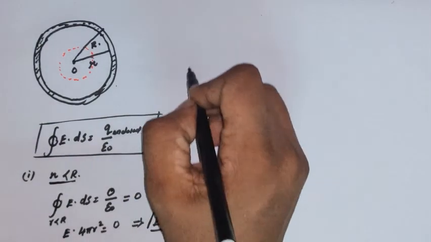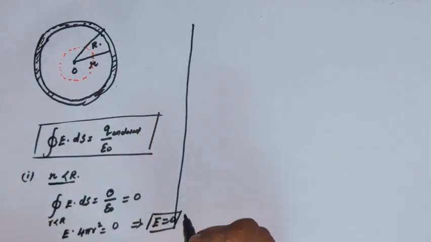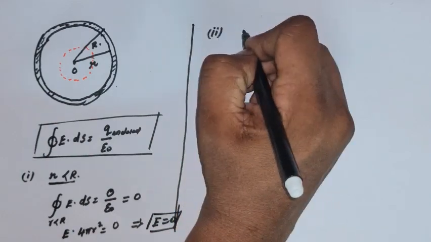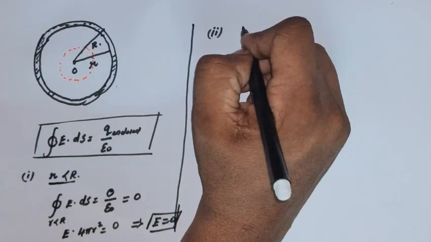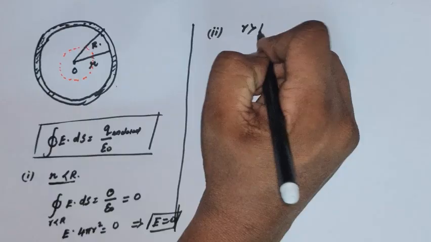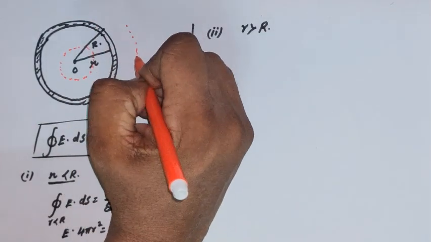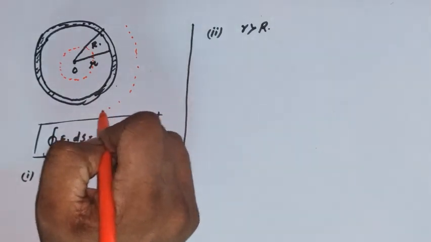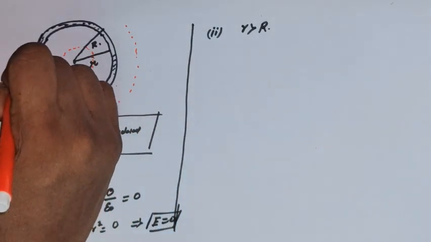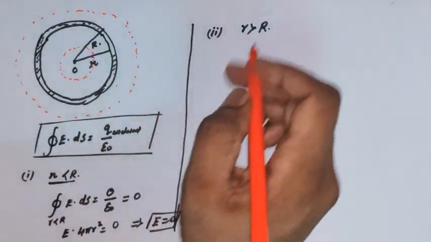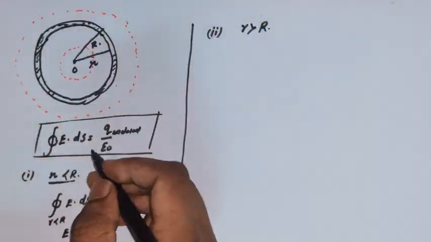Now we need to find case 2, where r is greater than capital R, for any spherical surface outside the hollow sphere. Again we are going to use the same formula.